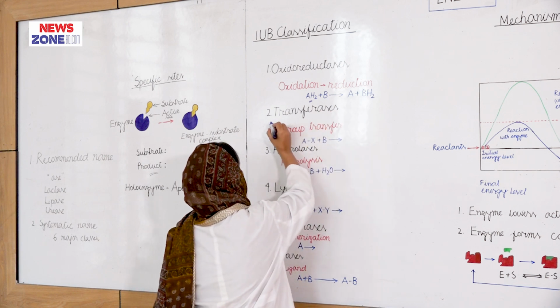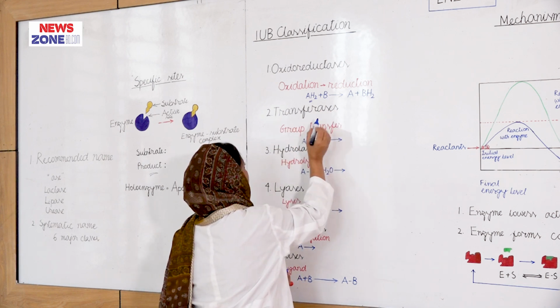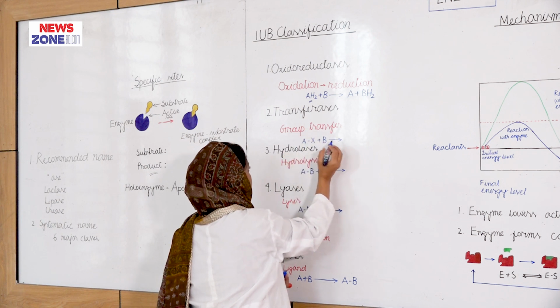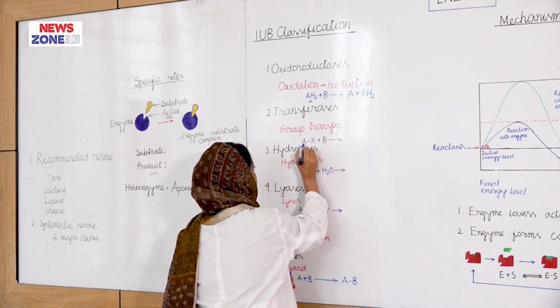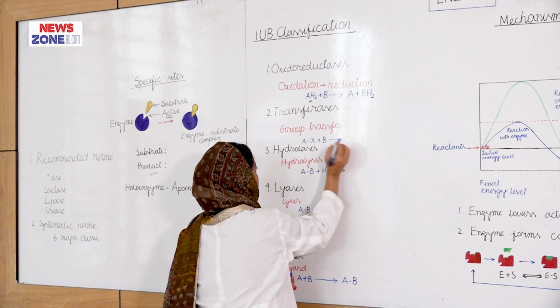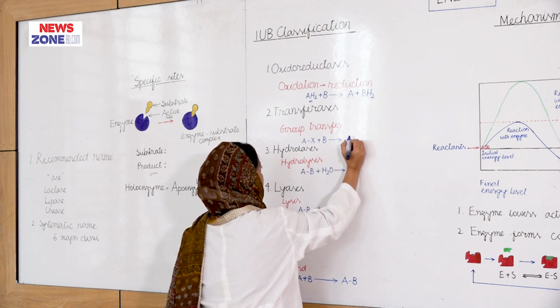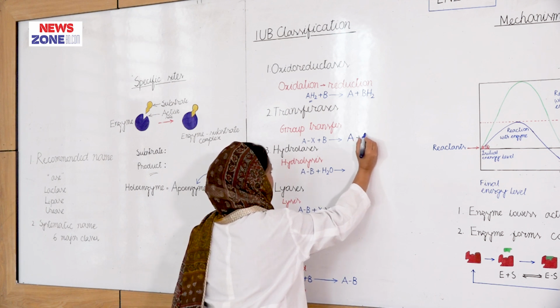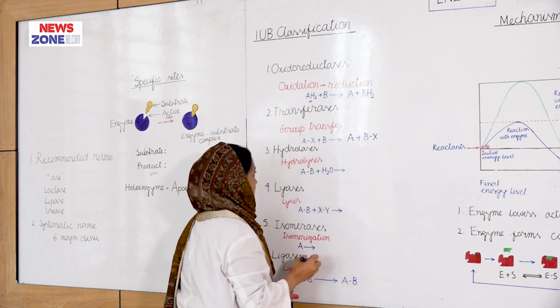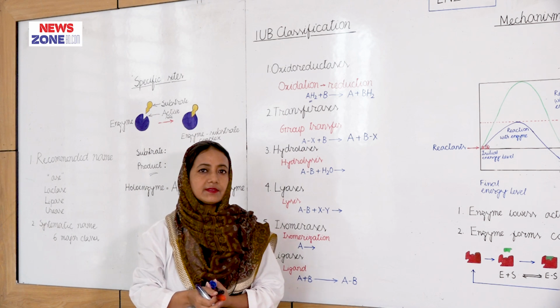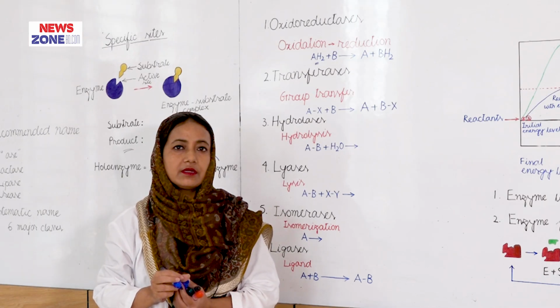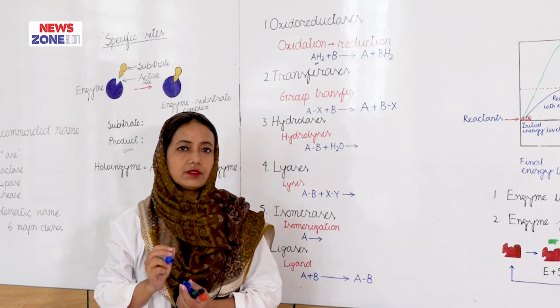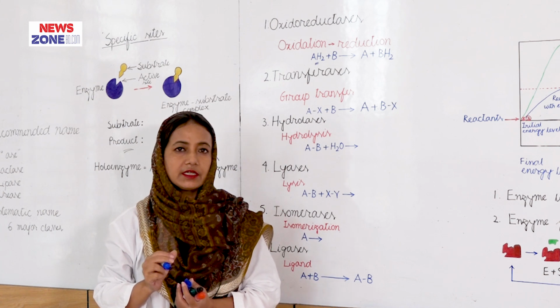The next group is the transferases. This group of enzymes just transfers groups. Suppose it is substrate A and substrate B. Here only the group transfer occurs, like this. Transaminases, two important liver enzymes, are examples of this category.